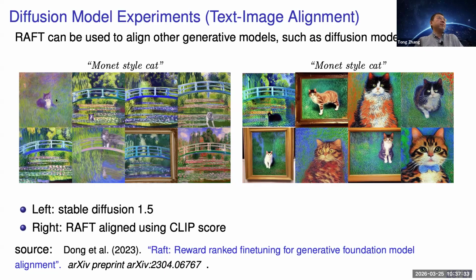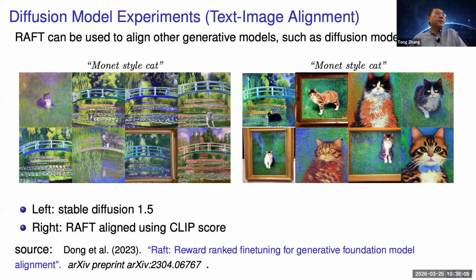But here, either you get a cat or you get a bridge. You do see it's Monet style, but it's kind of missing the cat, or the cat is in a strange position. So you see something not as aligned. It's not always aligned. Here you see much more alignment of the cat versus the style.